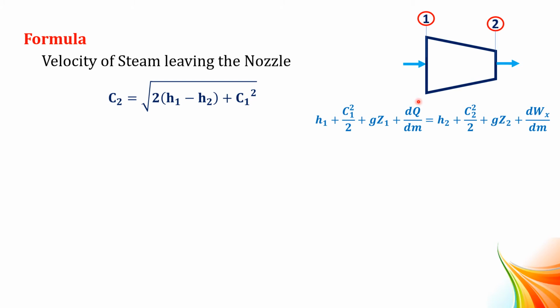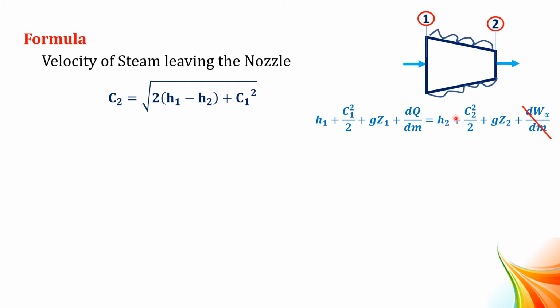Then dQ by dm is the heat transfer and dWx by dm is the work transfer. We know a nozzle does not produce or absorb any work. Therefore dWx by dm is neglected.